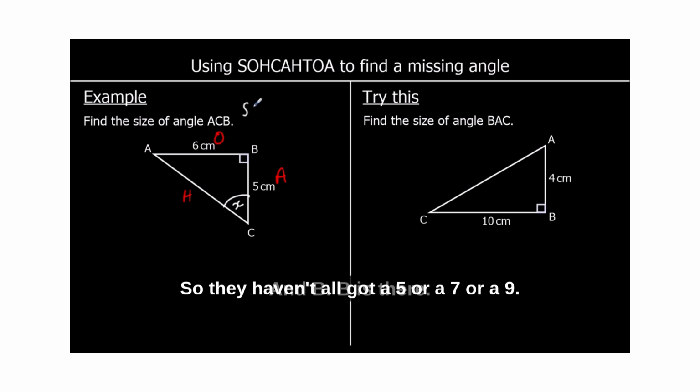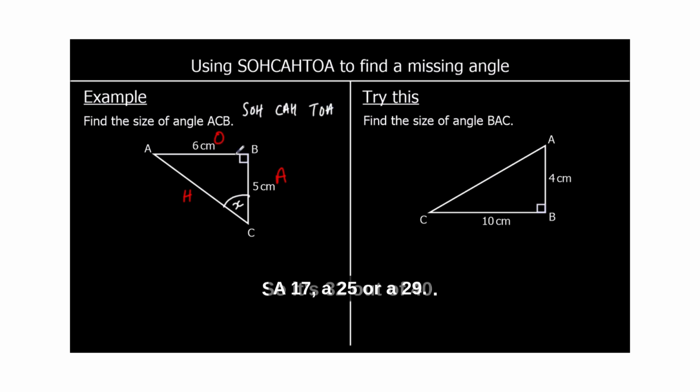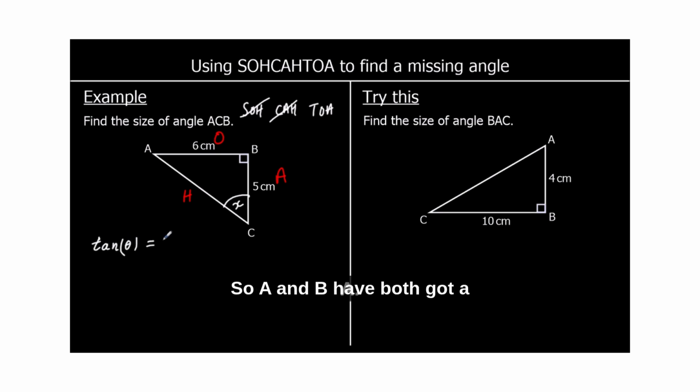So is this sine, cos, or tan? Which one are we using? We want O and A. We don't want H. So we're using tan, TOA. So we can write down that tan of the angle, tan theta, is O over A.